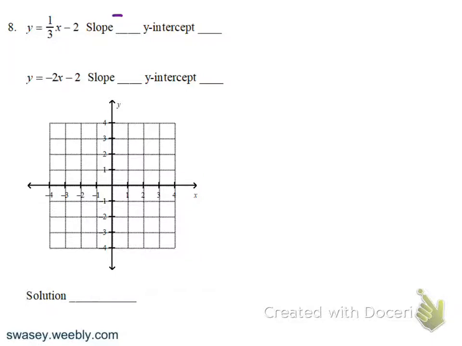First one on 8, our slope is 1/3, y-intercept's -2. Plot a point at -2, then go up 1 to the right 3. You can also go down 1 to the left 3.